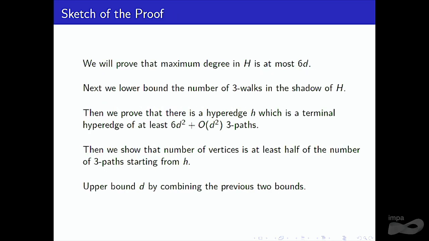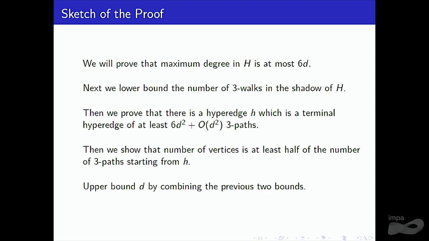So this is a proof sketch. We will prove that the maximum degree is at most 60, a constant times D; the 6 doesn't matter asymptotically. Next, we'll lower bound the number of 3-walks. The main proof relies on counting, lower bounding 3-paths in the hypergraph. For that, first we observe the shadow graph. We lower bound the number of 3-paths there, and then we lower bound the number of hyperedge 3-paths in the hypergraph.